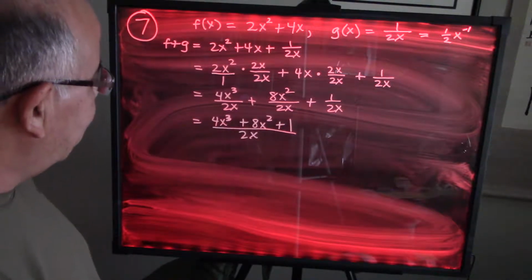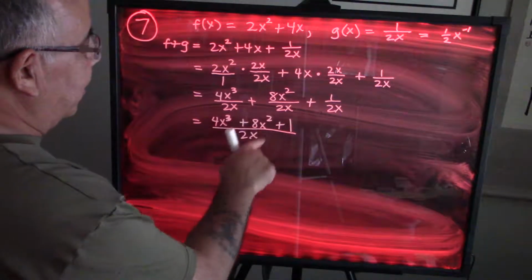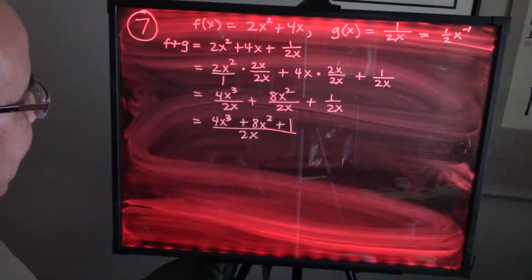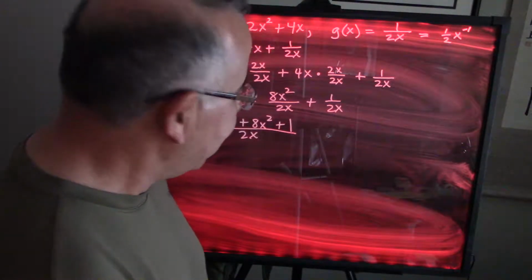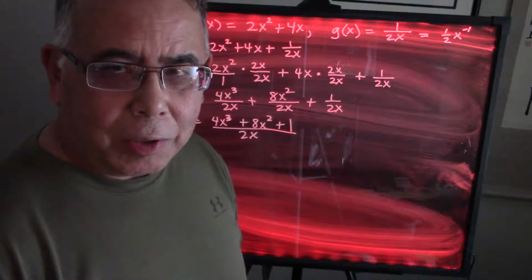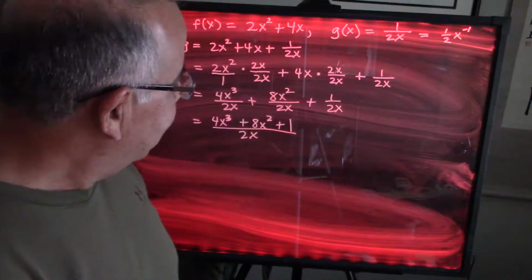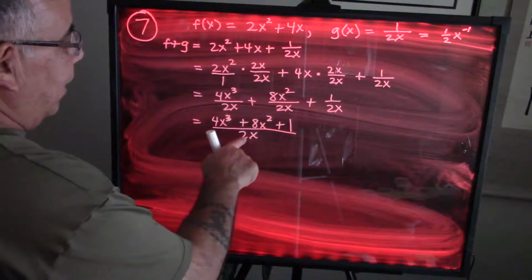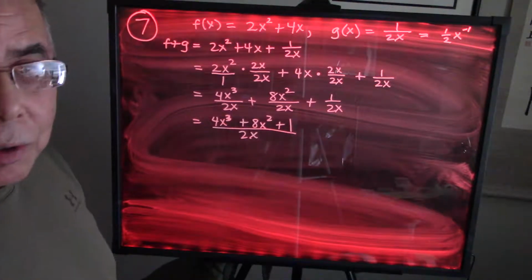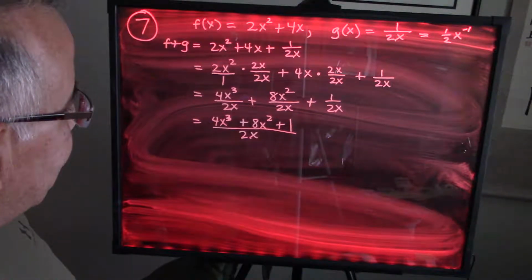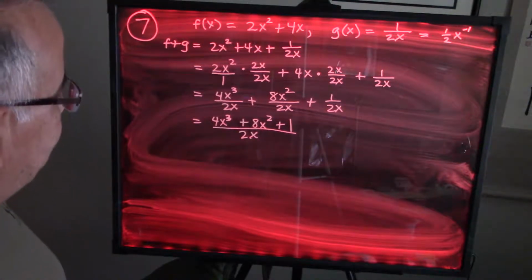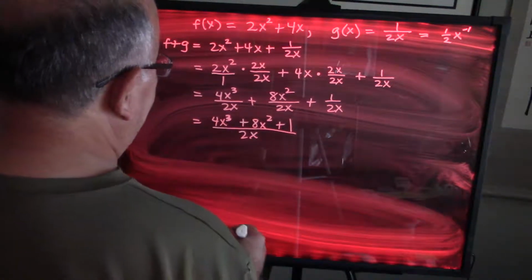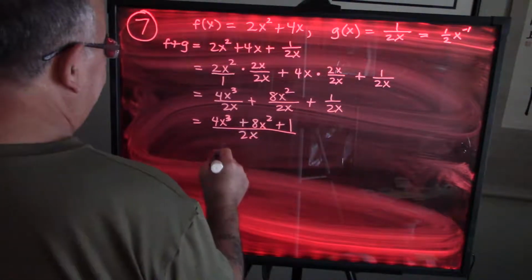The domain would be, well, what about the numerator? Well, that's just a plain old polynomial function on top. It's got an infinite domain, all real numbers. The bottom, the denominator, cannot equal 0, so x cannot equal 0. Alright? So anything works in this function except for x equals 0.